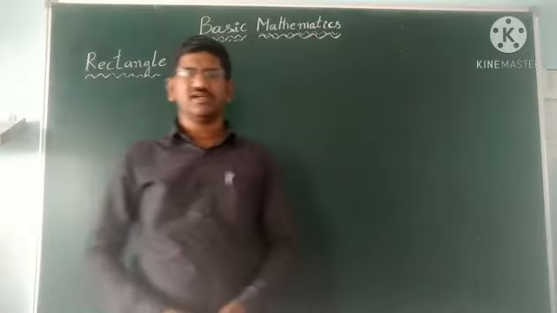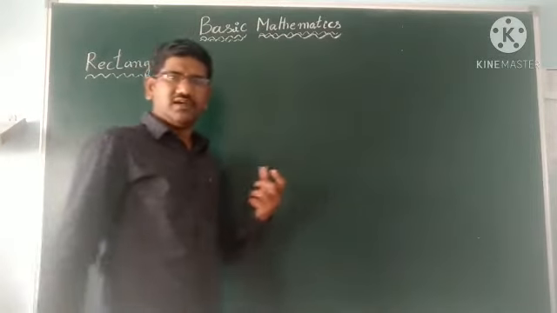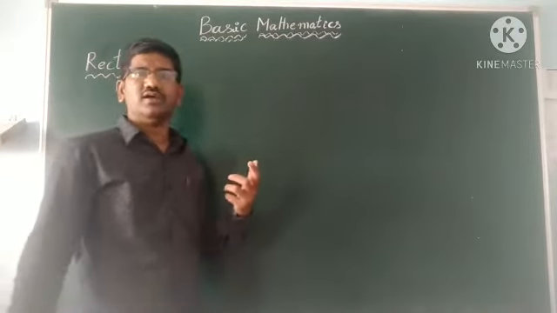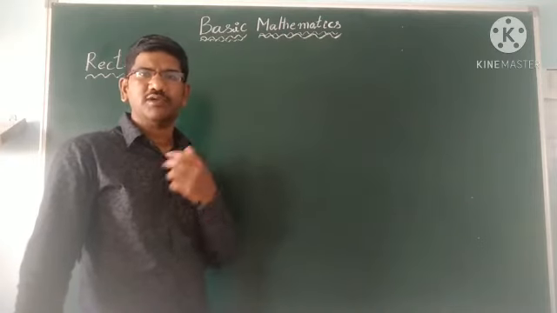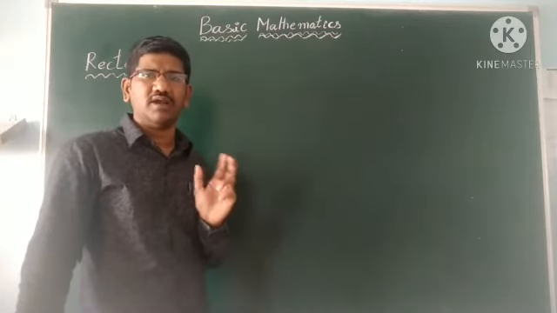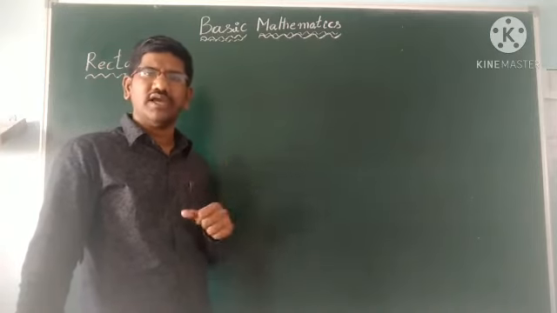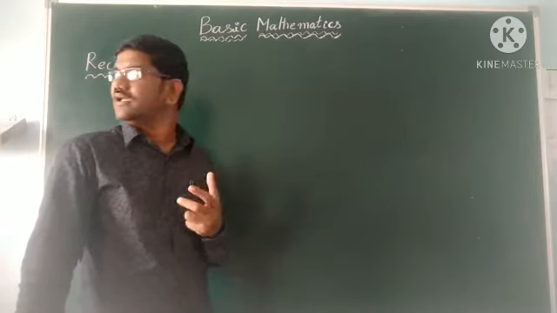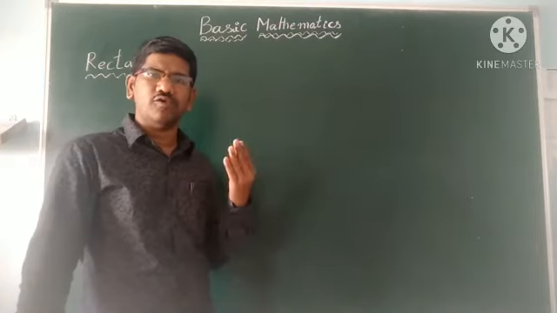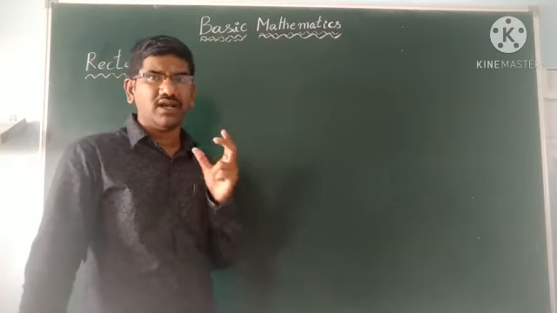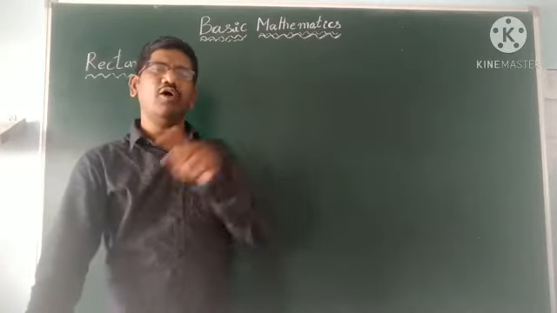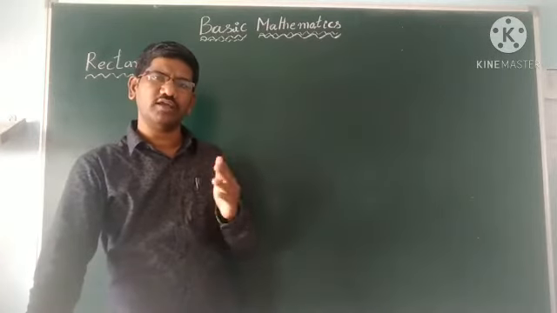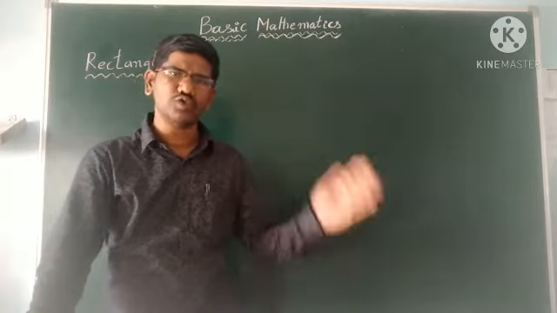Okay students, now rectangle. Rectangle is also a four-sided polygon. It has four sides, but all sides are not equal in lengths. So it is also a quadrilateral. Any polygon which has four sides is called a quadrilateral, you know that. In that quadrilateral, if all sides are equal, that is called a regular polygon, and we will give the name square.